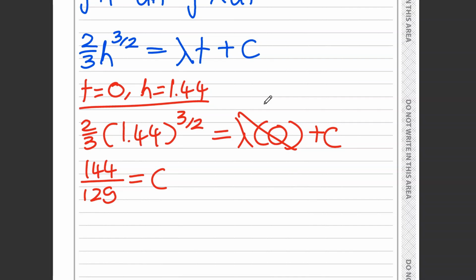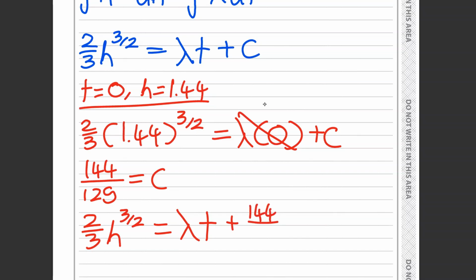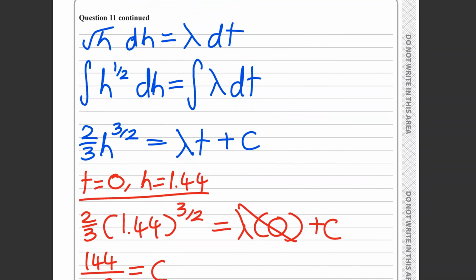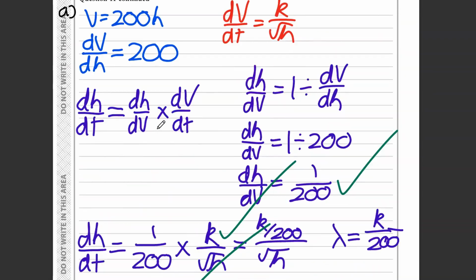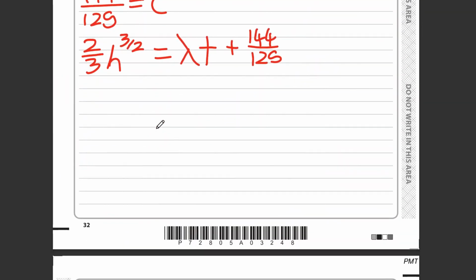So therefore we can sub this in. So this equation is now 2 over 3 h to the power of 3 over 2 is equal to lambda t plus 144 over 125. So now we can sub in this point here, so t is equal to 8 and h is equal to 3.24.